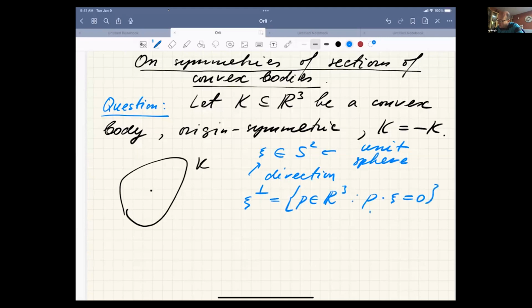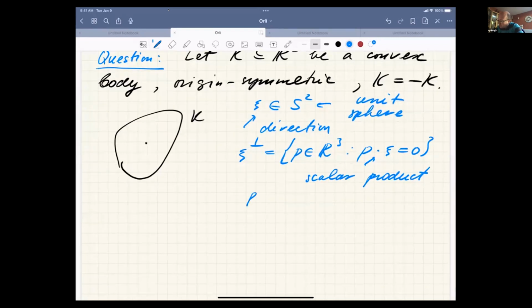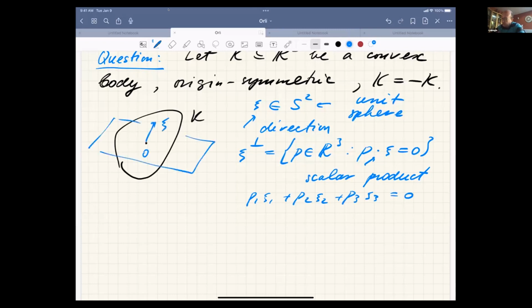This is the scalar product, the inner product. So p1 psi 1 plus p2 psi 2 plus p3 psi 3 is equal to 0. So I have the origin, I have my direction psi, and I have the plane orthogonal to psi. And I have a section of my body with this plane.